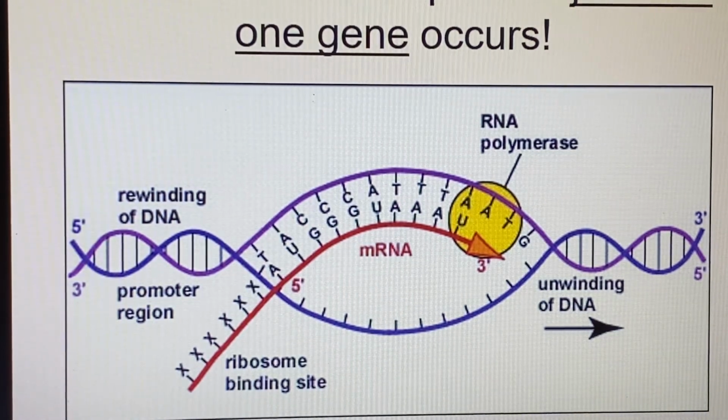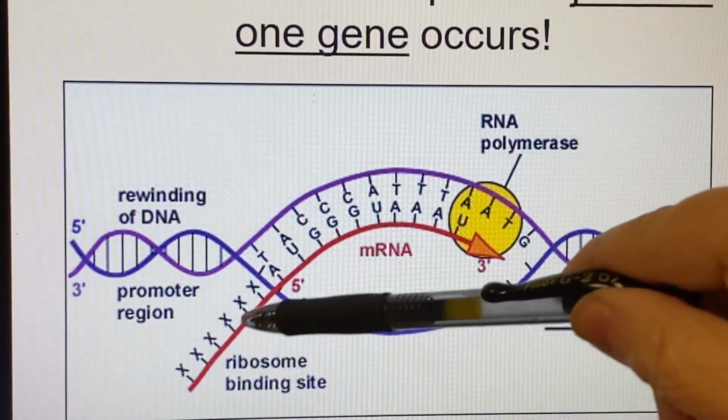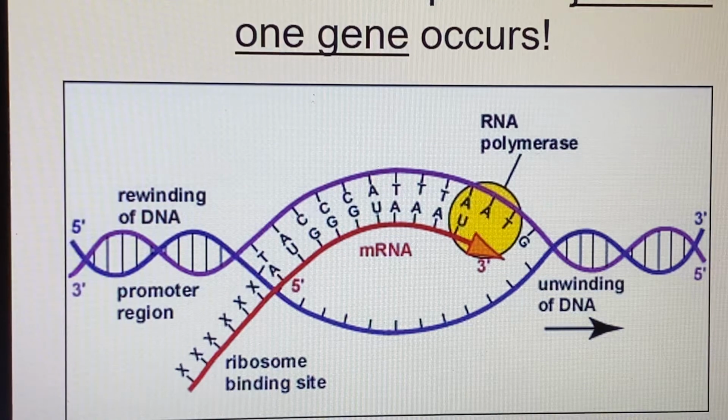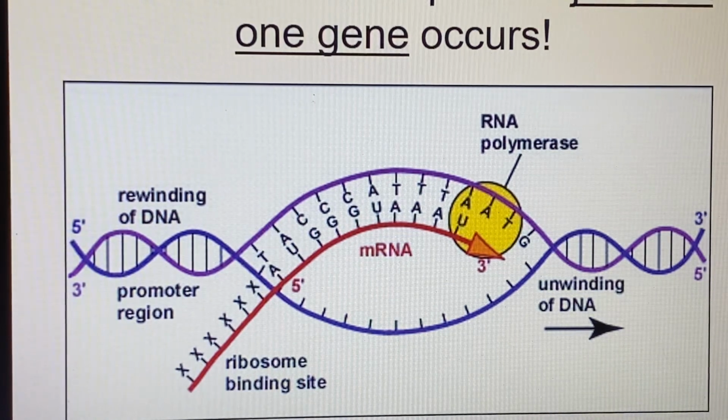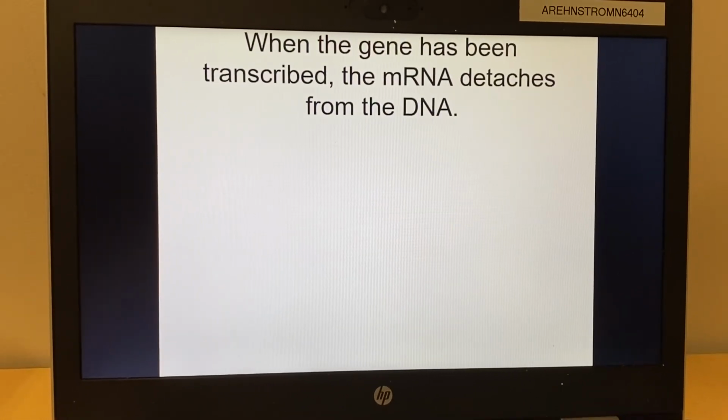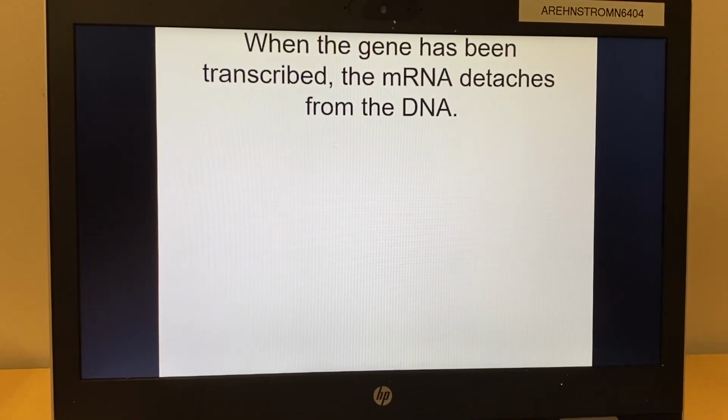So this is what transcription looks like. This red strand, which is the messenger RNA, is going to float away and go out to a ribosome. When the gene has been transcribed and transcription is over, the messenger RNA detaches from the DNA.